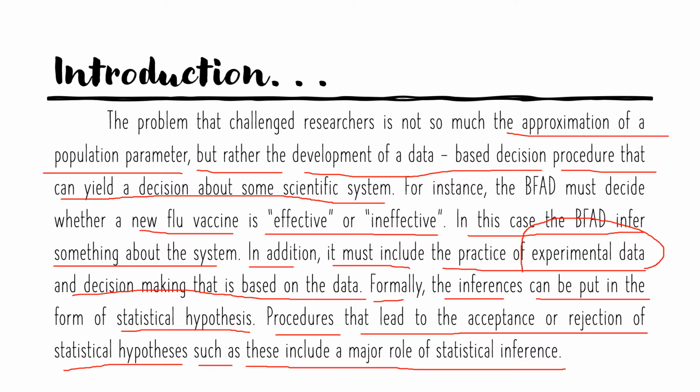So we need to deal with the procedure that leads to the acceptance or rejection of a statistical hypothesis, because dealing with this experimental research, at first we formulate our null and alternative hypothesis. So these are assumptions. Now, how can we assess if these assumptions are acceptable or not?